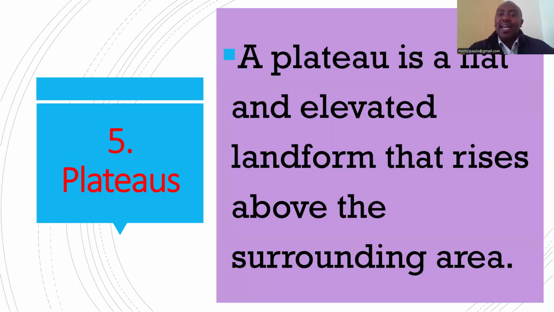Good. We continue, and the other physical feature that we have in Kenya is the plateau. What is a plateau? A plateau is an elevated, raised landform that rises above the surrounding area. It's like a table. In fact, a plateau is also referred to as table land.